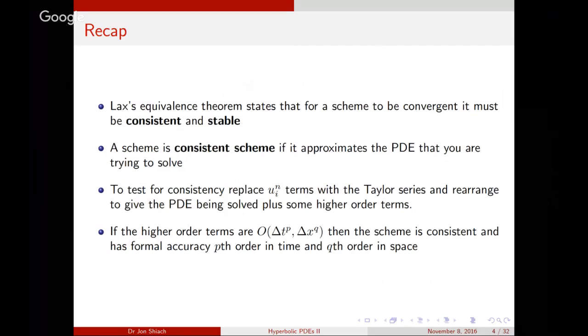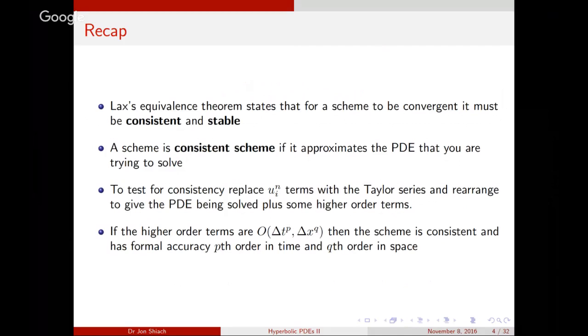To test whether your scheme is consistent, all you do is replace your finite difference terms or nodes with Taylor series expansions, rearrange, simplify, and you should get back to the equation you're trying to solve. And we saw that last week with the first order upwind scheme.